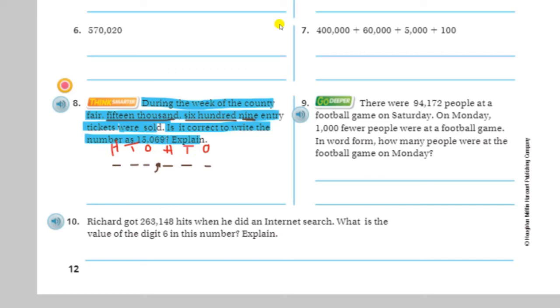Okay, so after that we are going to write here 15,000. So there is no hundred in thousand family, so it will be 15, just 15. After that, here 609, 600, so 6 here, 9, just 9 in ones place, so there is no tens place, so it will be 0.